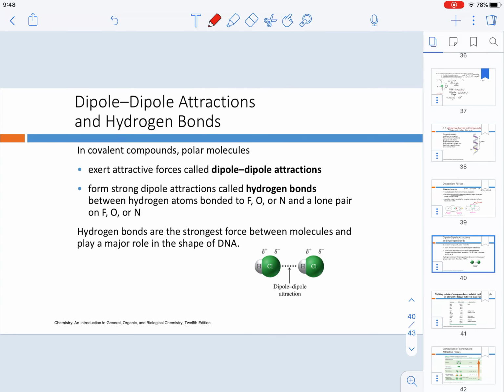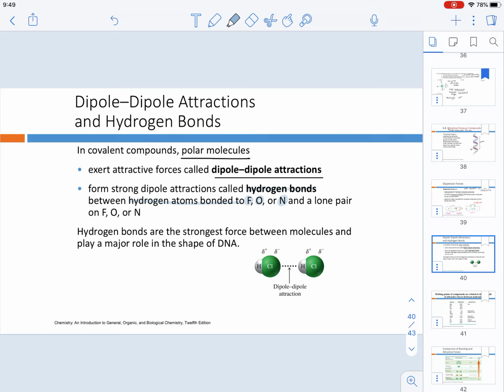Now, when you have a polar molecule, understand that polar molecules can have one of two of these attractive forces. Polar molecules can have dipole-dipole attractions. And only if you have a hydrogen atom bonded to fluorine, oxygen, or nitrogen can that polar molecule have hydrogen bonds. As you can see at the bottom, we have a polar molecule, HCl.